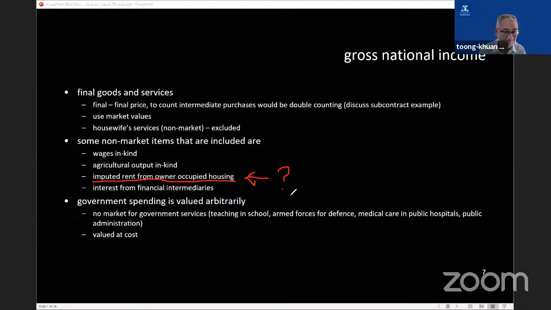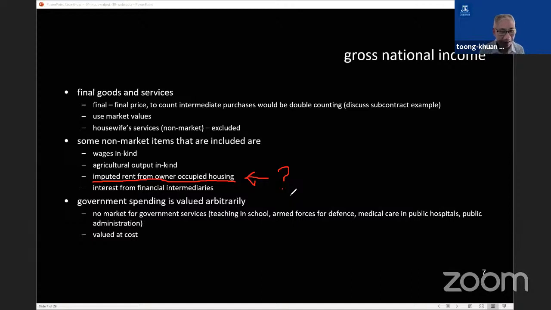Okay? Now, option 2, you buy the house, but you live in the house. Do you collect rent? Of course not. But then if everybody buys a house and lives in their own house, the value created by housing is not captured because you are theoretically renting it from yourself.